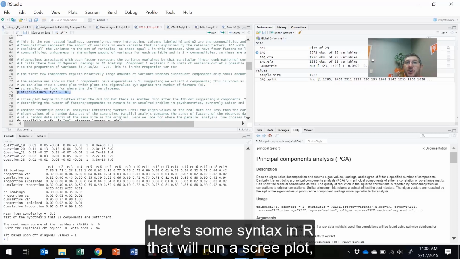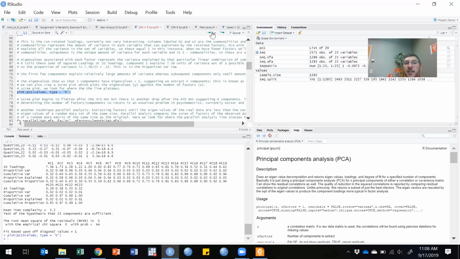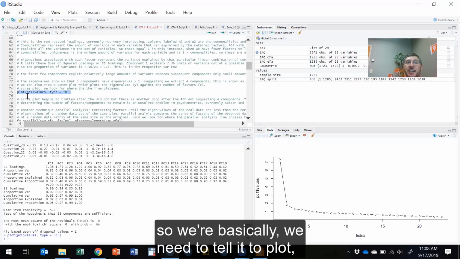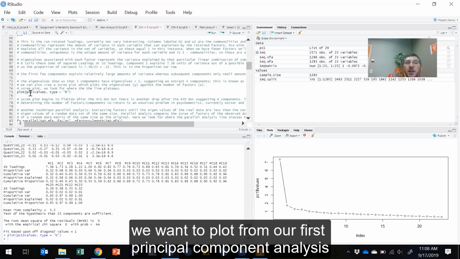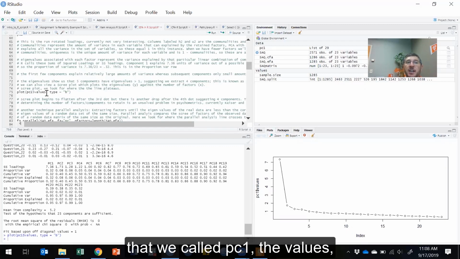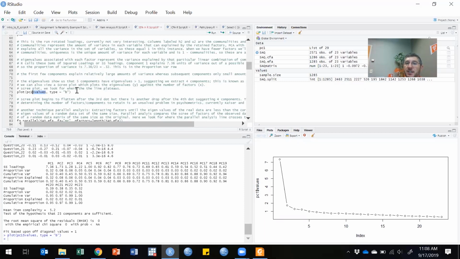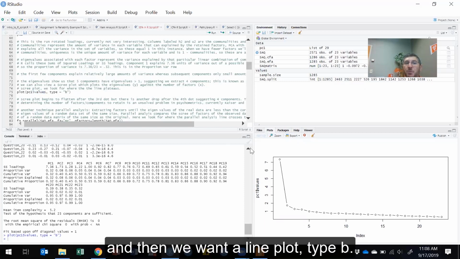Here's some syntax in R that will run a scree plot. We need to tell it to plot, from our first principal component analysis that we call PC1, the values. That's where it stores the eigenvalues, and then we want a line plot, type b.